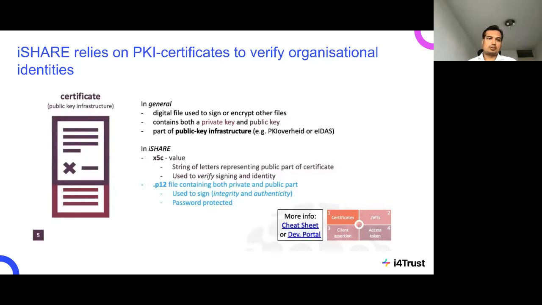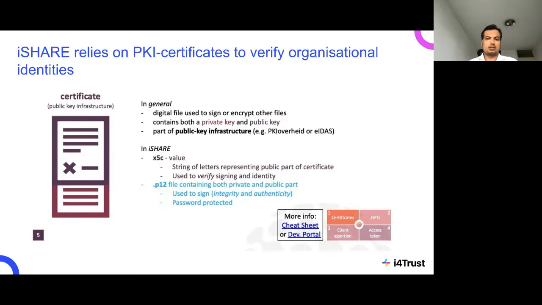So iShare specifies the identities based on PKI certificates. But we don't accept every kind of PKI certificate. There are specific kinds of certificates that we have listed that are needed by the organizations to be procured in order to register themselves in the satellite. And right now, those certificates are primarily based on eIDAS.